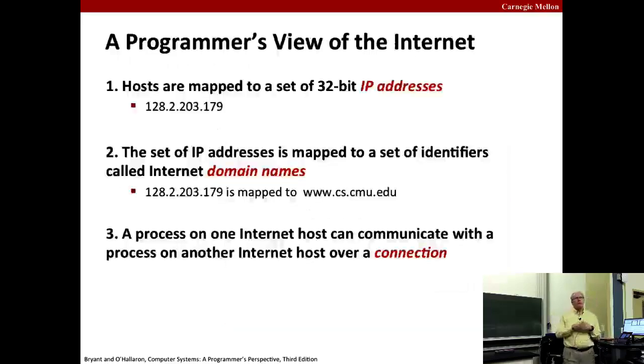So first of all, we're going to talk most of the time about what's called IPv4, version 4, which is the one that's been running since the early 1980s, I think, and is the standard. And we'll only mention very briefly the idea of what's called IPv6, which is sort of a next generation version.